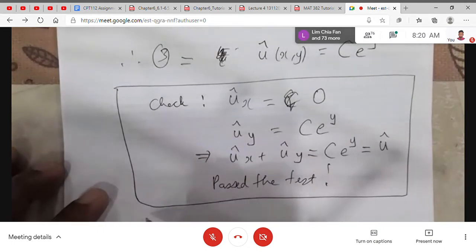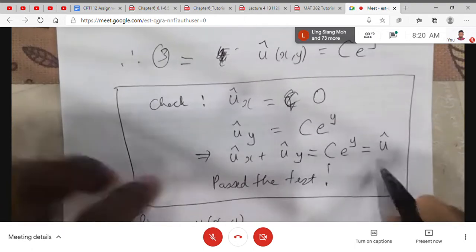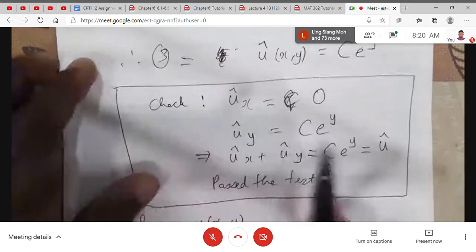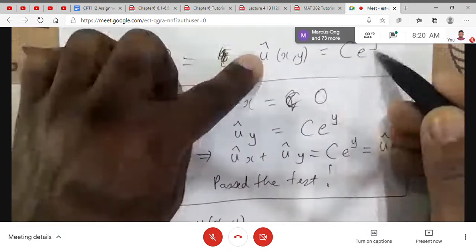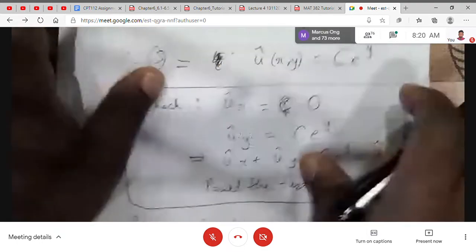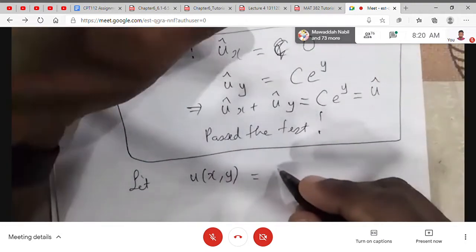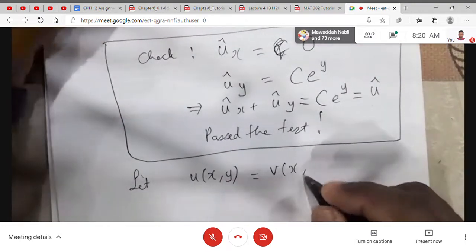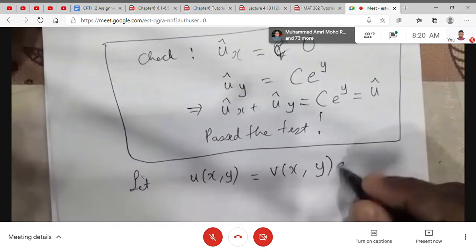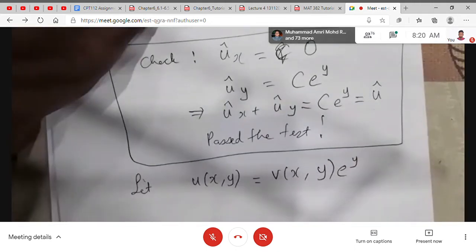So now the next step will be use the u hat, but replace the c with the function v x y, replace this.